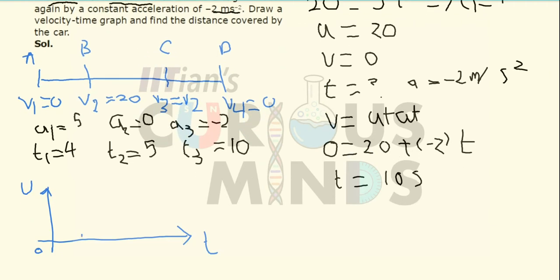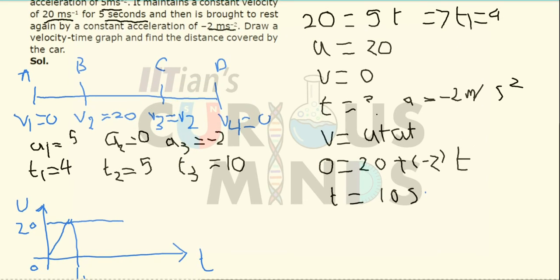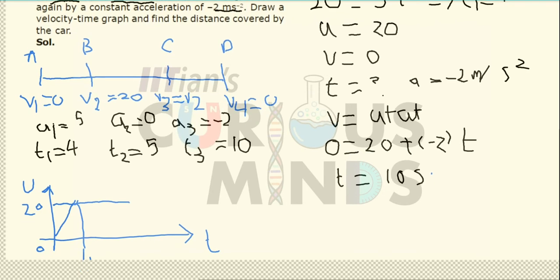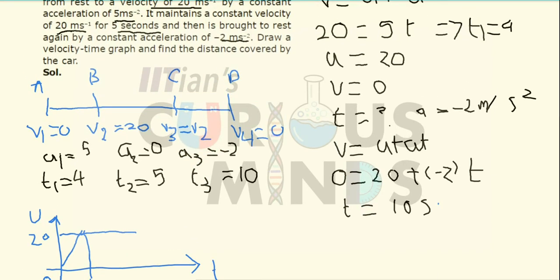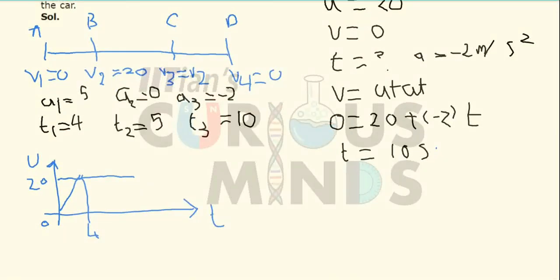So from 0 to 4 the body is accelerating till it acquires a velocity of 20 meters per second. After that, it moves with a constant velocity for 5 seconds.